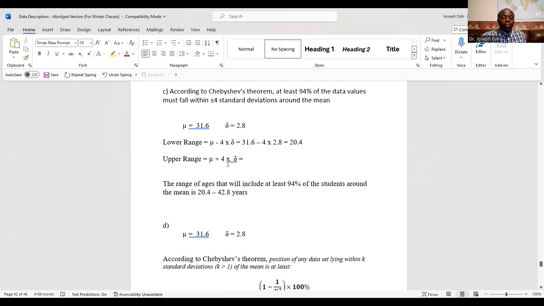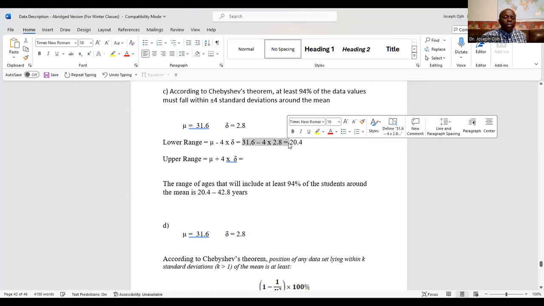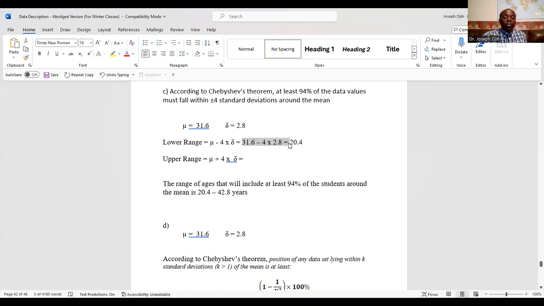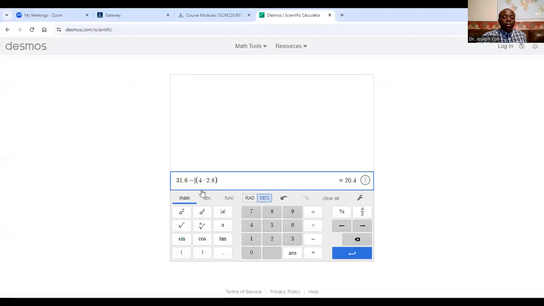Then we'll repeat the same process for the upper range. The same thing. I'm going to copy this and change the minus sign to a plus sign for the upper range. That's the only difference. So I'm going to go to the calculator and do the same. Change the minus sign to a plus sign. Okay, that gives me 42.8 years.